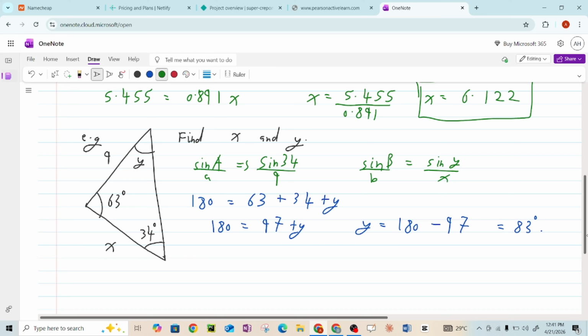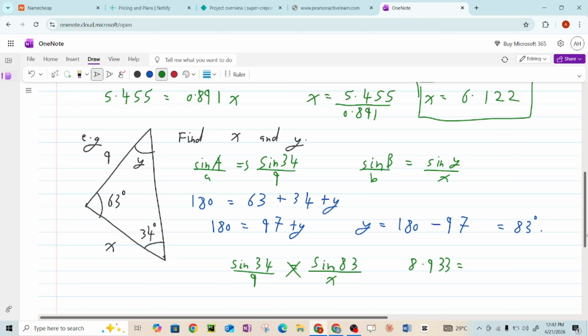So we can say that sine of 34 divided by 9 is equal to sine of 83 divided by x. Cross multiply. So sine 83 times 9, let's do that quickly. Sine 83 times 9 is 8.933. 8.933 is equal to sine 34 times x.